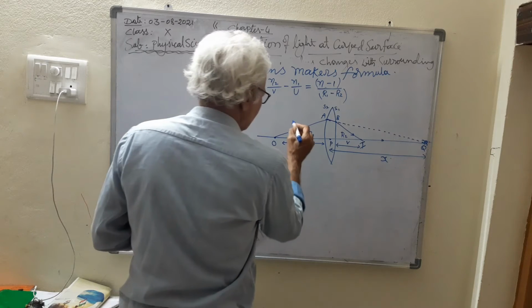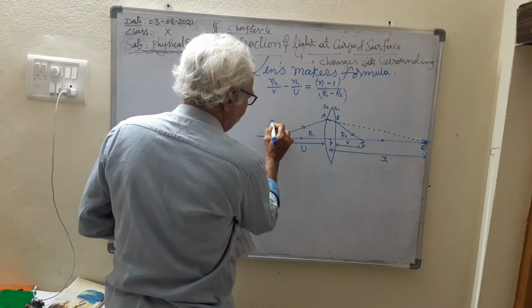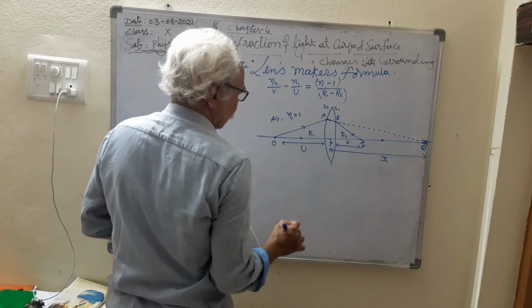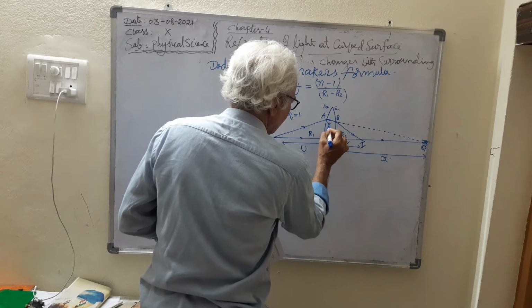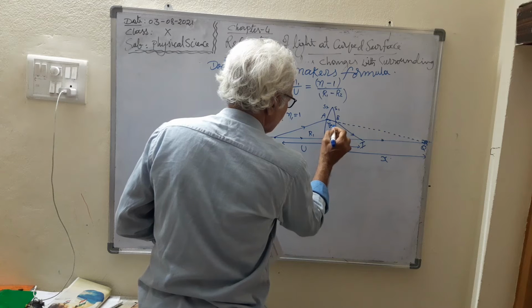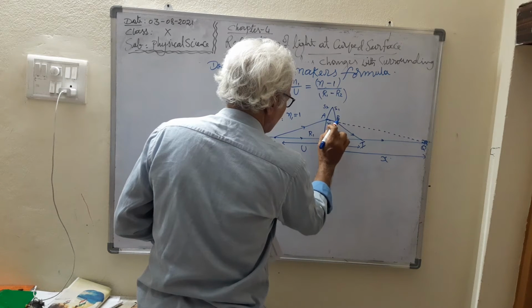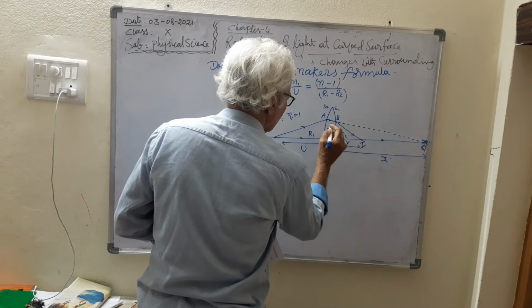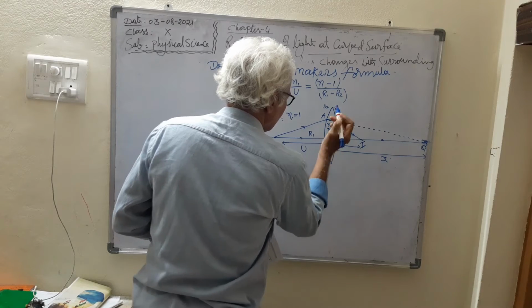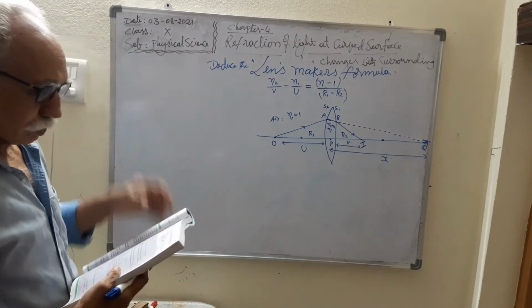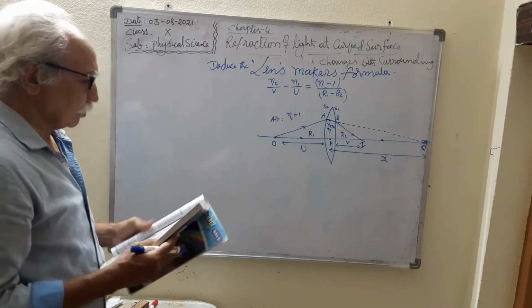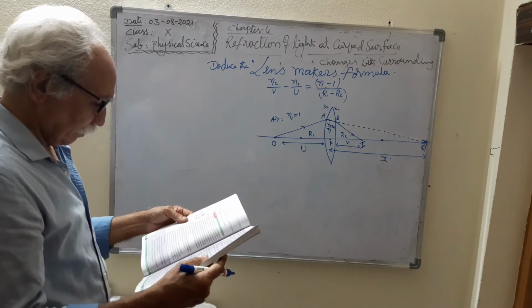Now for the refractive index: the light ray travels from the air medium, n1, which is taken as 1, into the glass medium, n2, taken as n. Now let us see. The incident ray refracts at the point A.